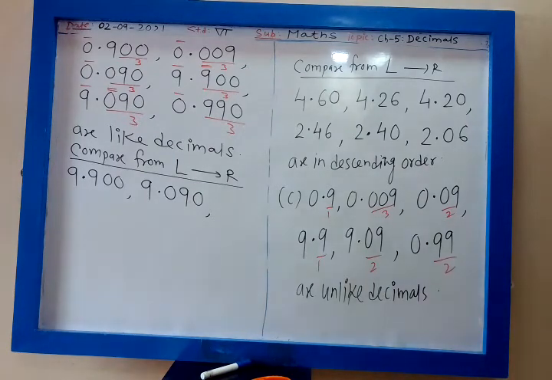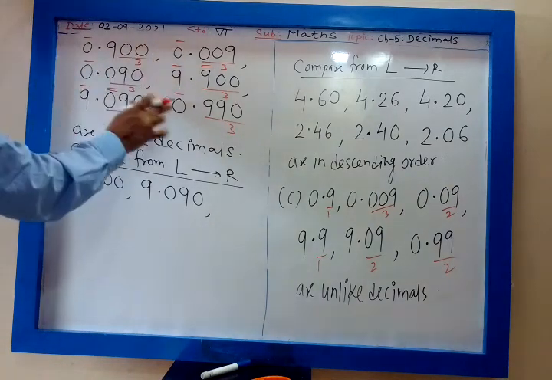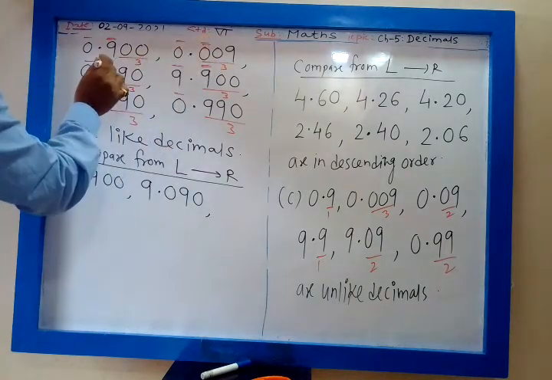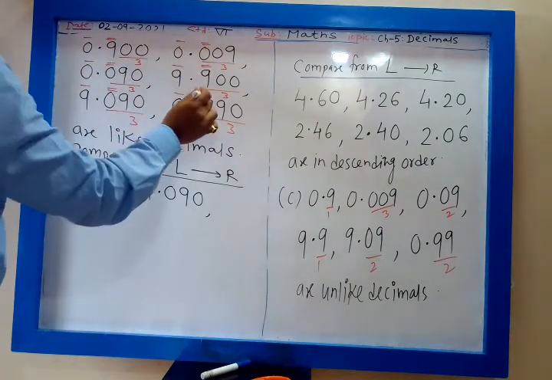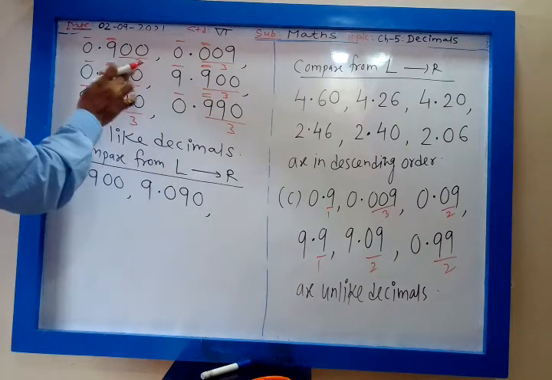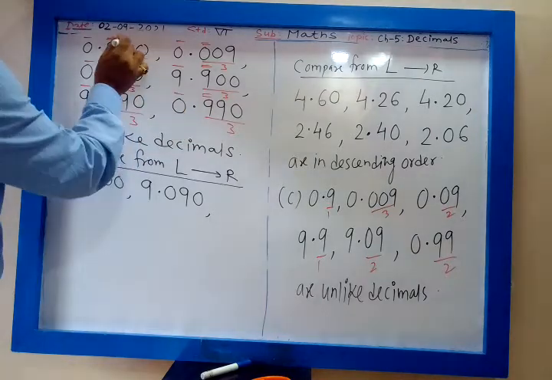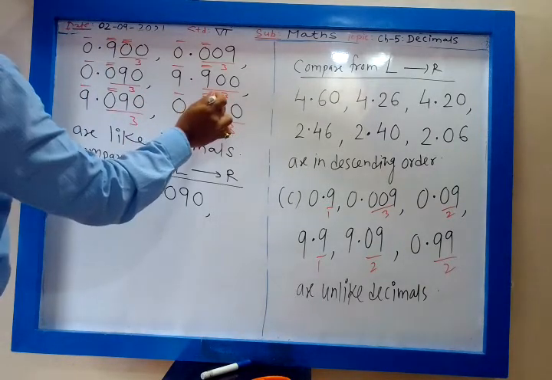Then 9 is over. Now let us compare 0. 0, 0, 0, 0. Then 9, then 0, then 0, and this is 9. So these two are maximum. Now among these two, which is larger? This is 0, this is 9.